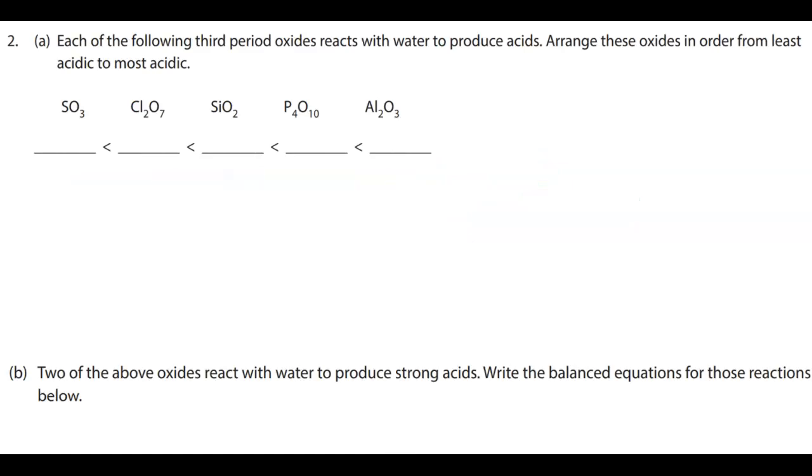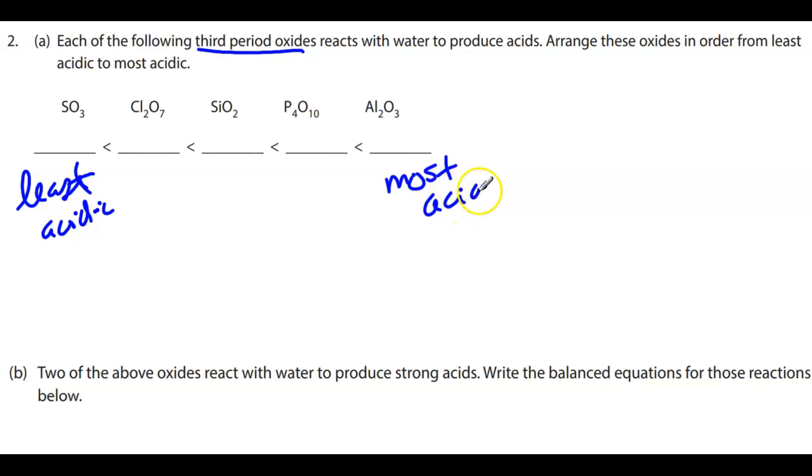This is a really good question, number 2. It says, which of the following third period oxides? All of these elements are located in period 3, and they're going to react with water. Arrange these oxides in order from least acidic to most acidic.